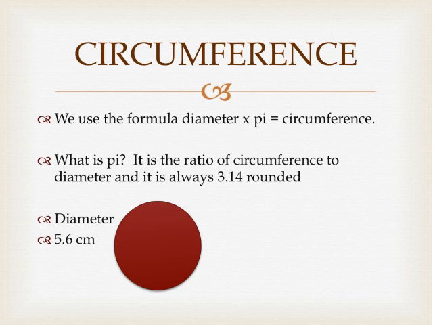All right, so we have a diameter of a circle, 5.6 centimeters. All right, 5.6 centimeters is our diameter. So what is our circumference? Okay.